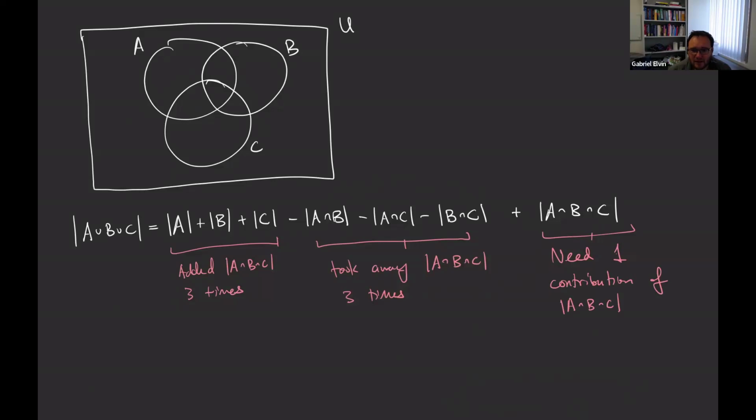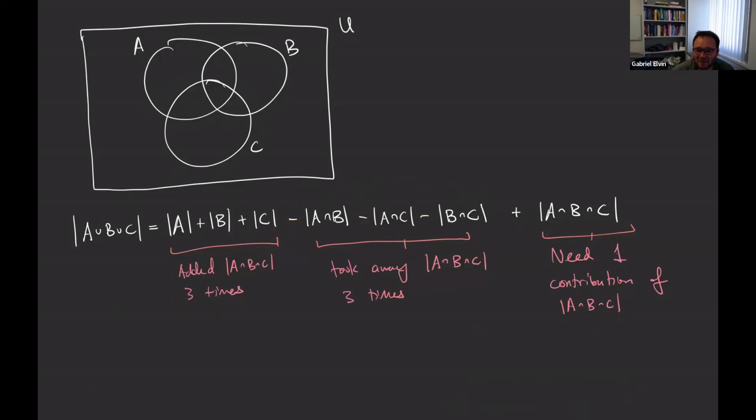And so it's a much more complicated formula, but I also want to hint at why it's called inclusion-exclusion, because that's exactly what you're doing over and over. So you're including the single sets, then you're excluding, since you're subtracting, the double intersections, and then you're including the triple intersections.